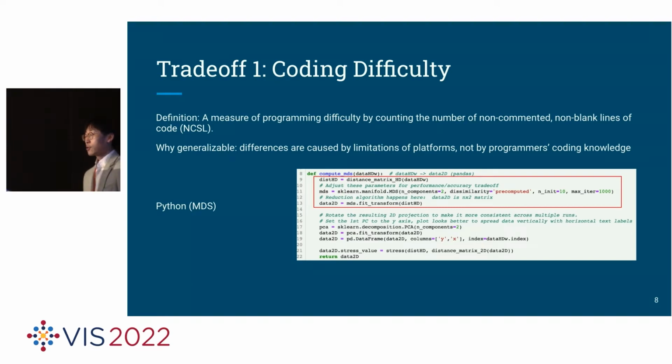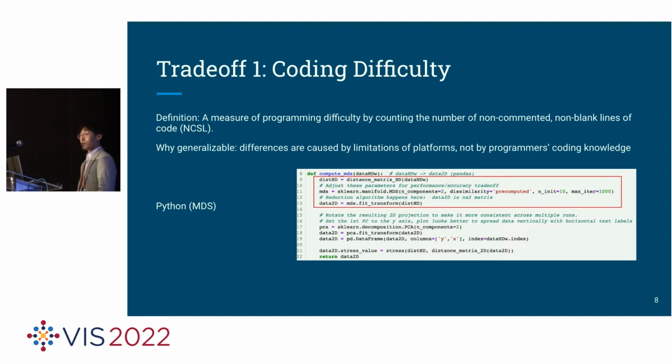Here I'm going to introduce some major trade-offs based on the comparisons. The first one is coding difficulty. The coding difficulty trade-off is measured by counting the number of non-commented, non-blank lines of code, also called NCSL. The differences in the results are caused by the limitations of the platforms, not by the programmer's coding knowledge.